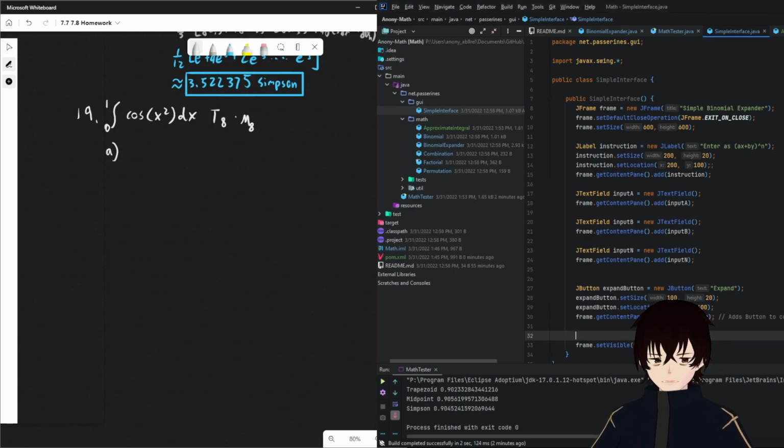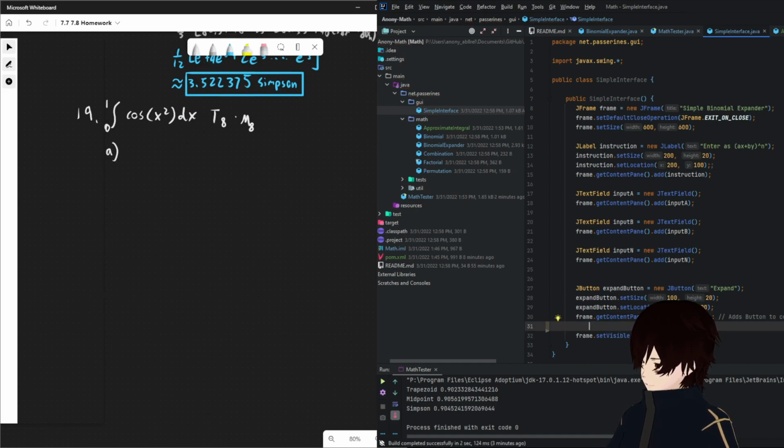Wait a second. Okay, no. Good, good. Commons Math library. Huh. Can I add that to my Maven?